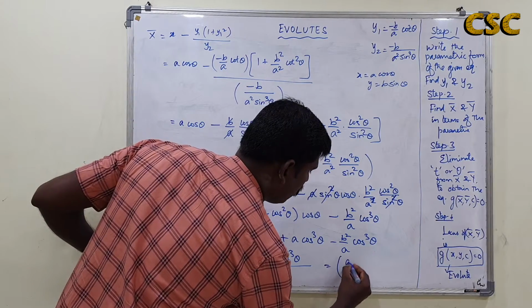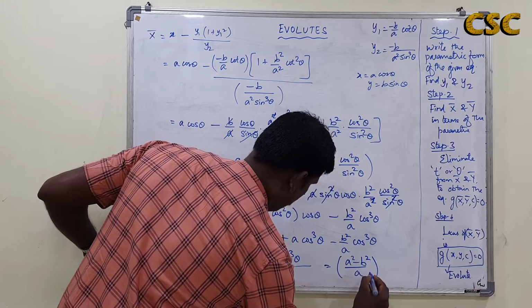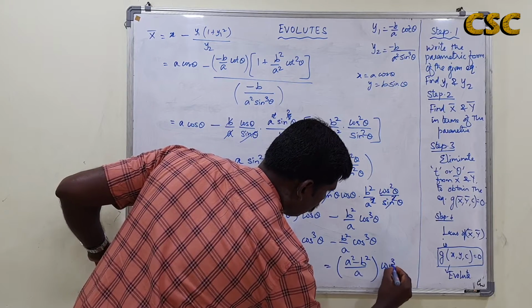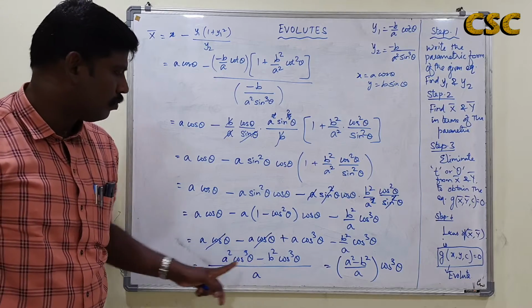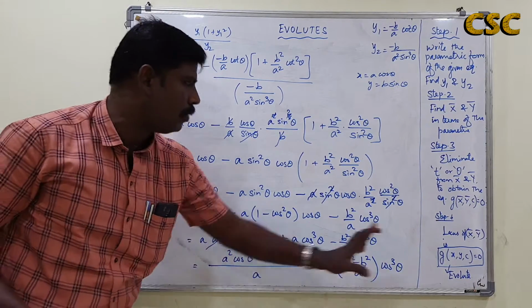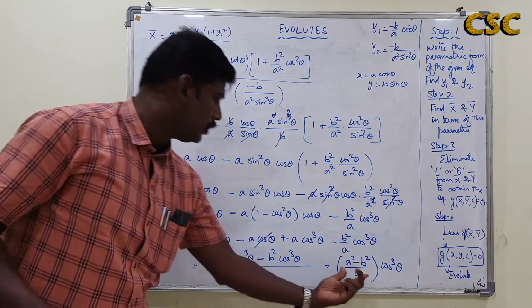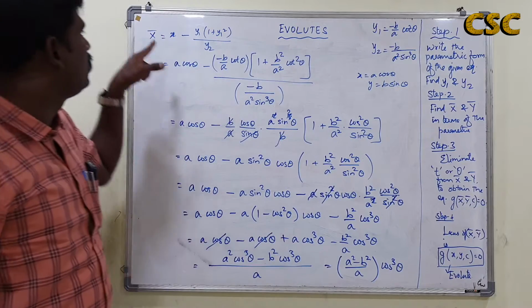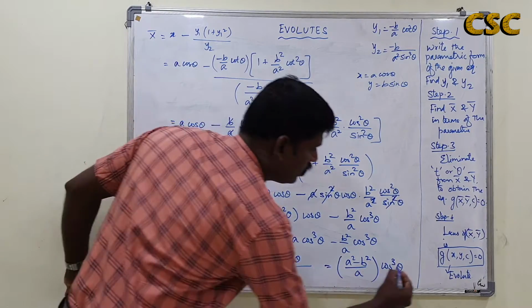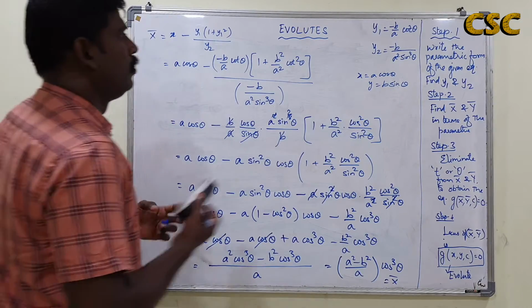So what is remaining? a square minus b square by a into cos cube theta, isn't it? I am taking cos cube theta as common. So a square minus b square by a is common. So this is the value of x bar.